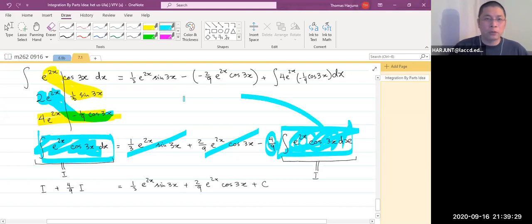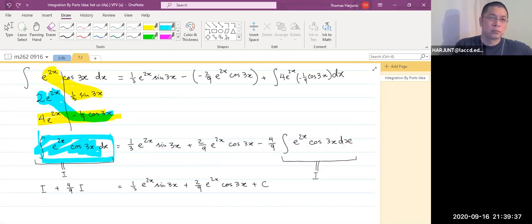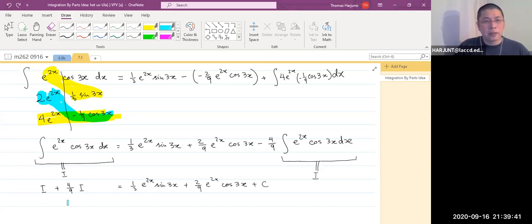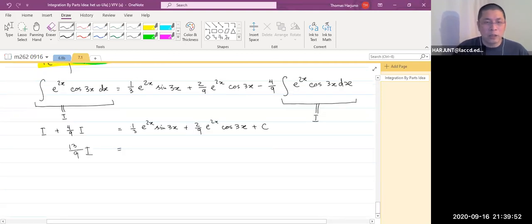So I fold it to the other side. But then on the left-hand side, we get 13 over 9 I equals to that thing.